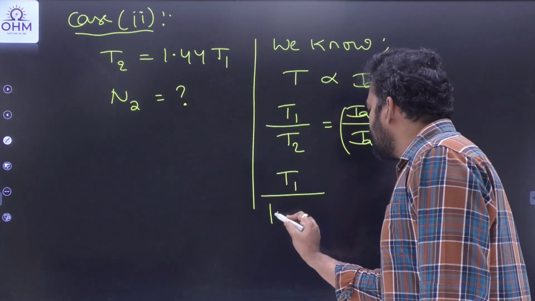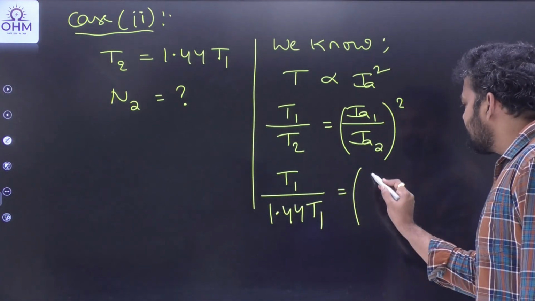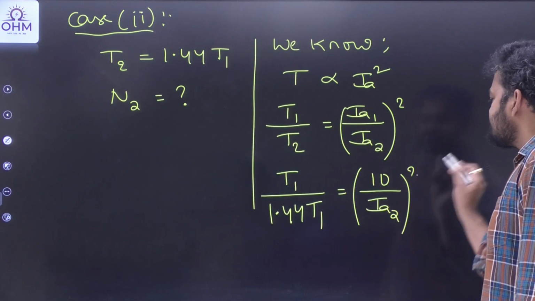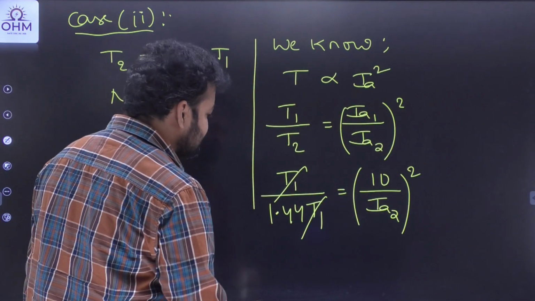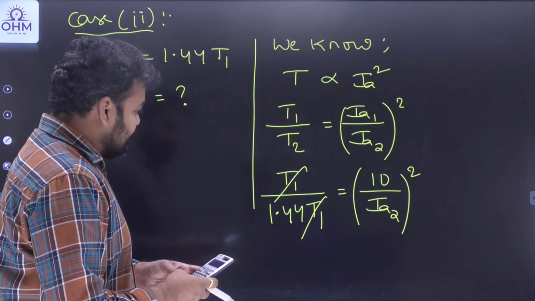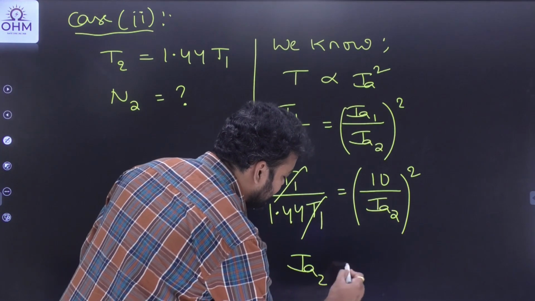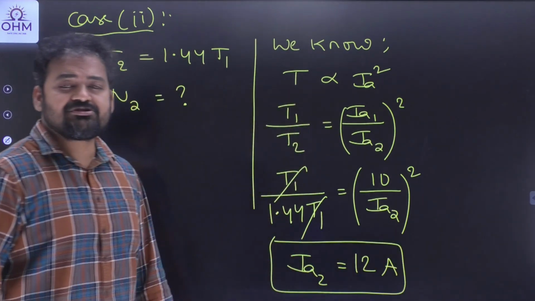T2 is equal to 1.44 times T1. What is the armature current in the first case? 10 ampere. We have to find the armature current in the second case. So T1 will cancel. Find the new armature current from here. Okay, so if I solve it, the new armature current will be equal to 12 amperes, isn't it? That is the new armature current.